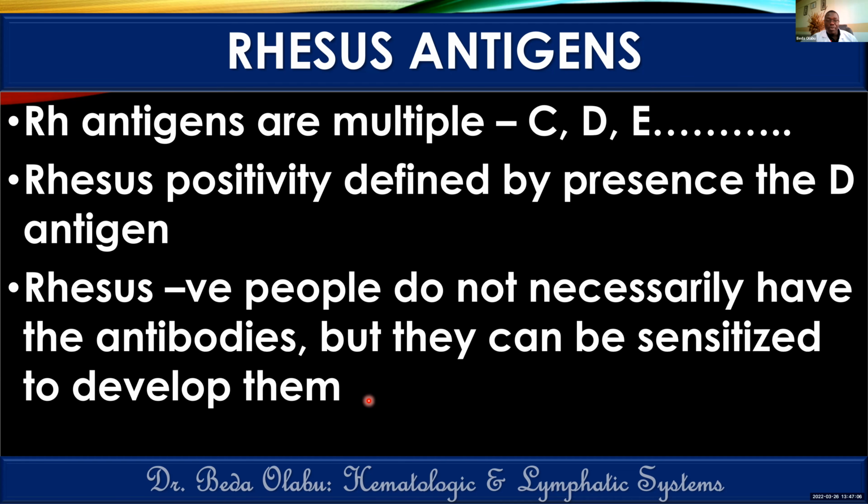Rhesus incompatibility during pregnancy. If a woman is Rhesus negative and they're carrying a baby who is Rhesus negative, you don't expect trouble because they both don't have the D antigens.